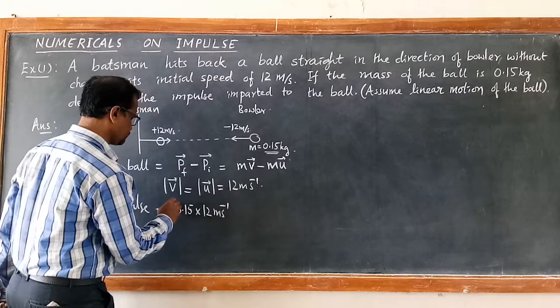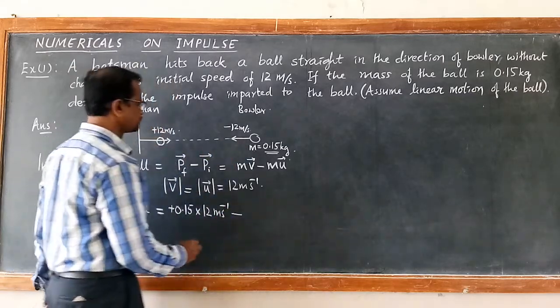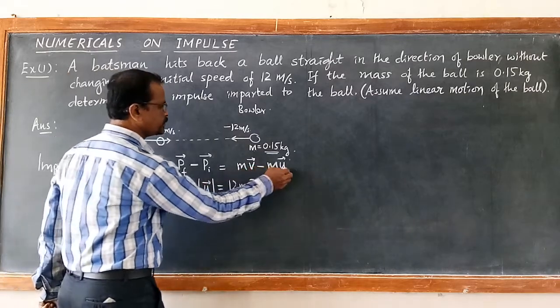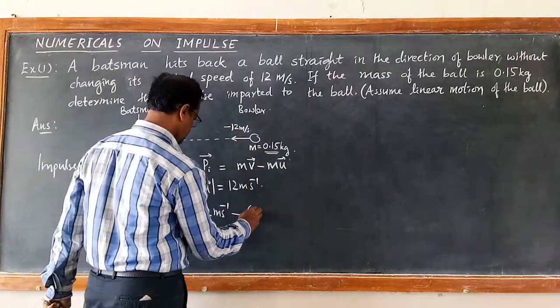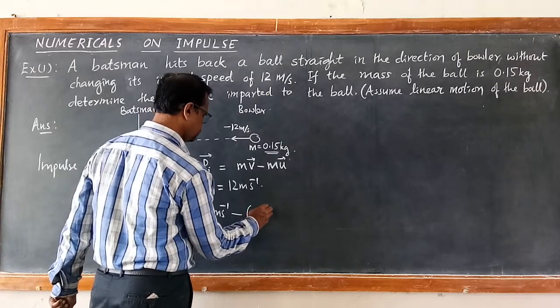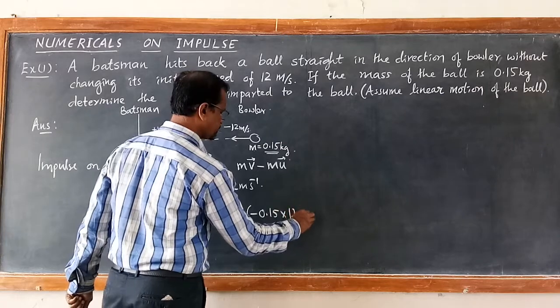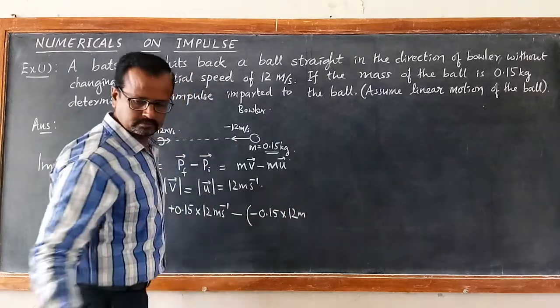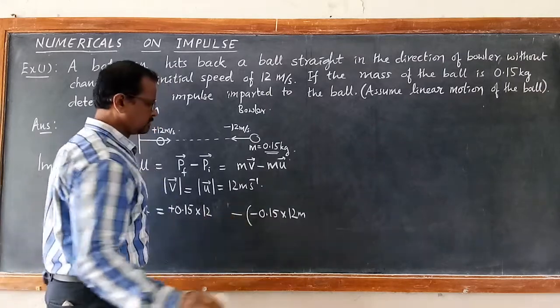This is positive because it is towards the right side. Minus m u, it is towards left, therefore I have to take minus 0.15 into minus 12 meter per second. The unit can be written later.